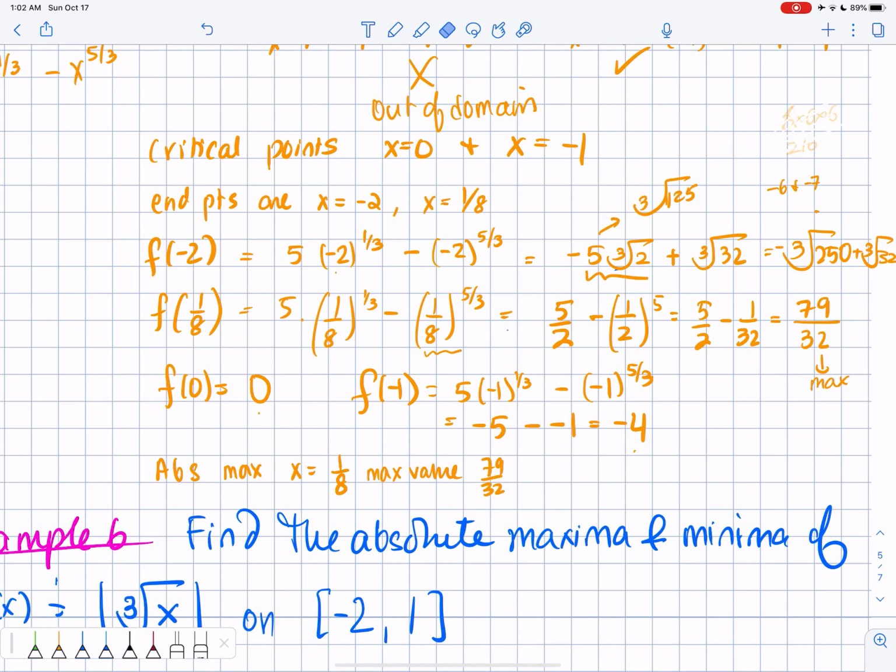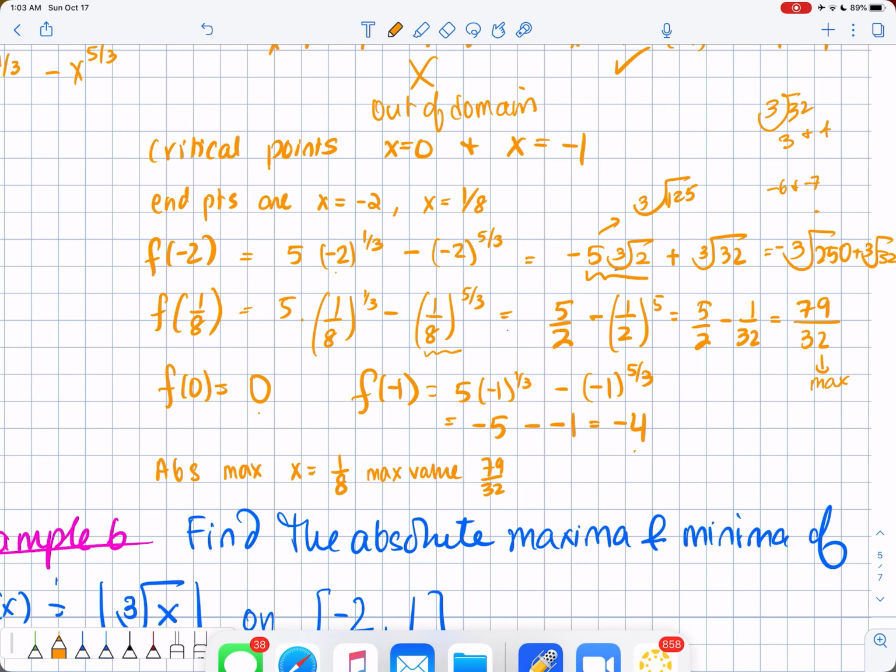How about the cube root of 32? Well, let's see, 3 times 3 times 3, so this is between 3 and 4. So we just have to actually take a second and calculate it, and figure out what is the absolute max and what's the absolute min.